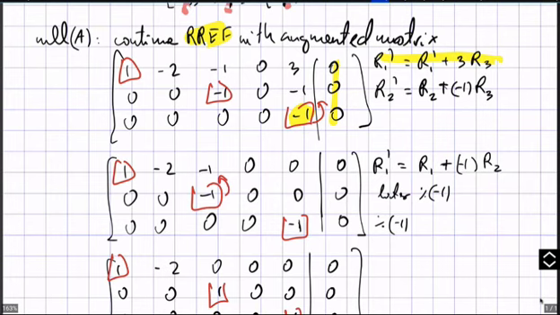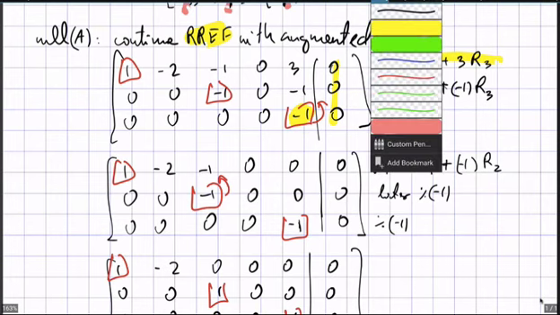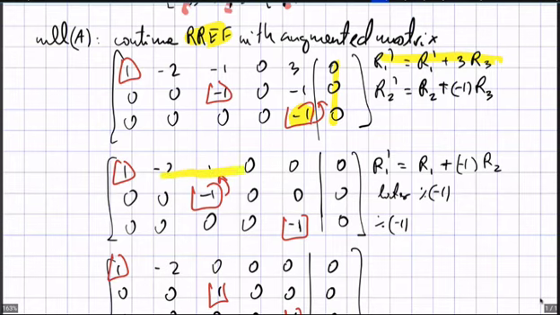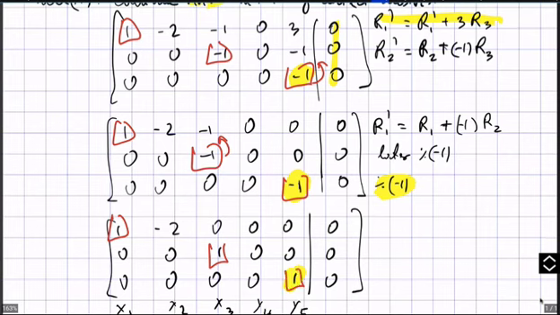Then we get this new form, 1, minus 2, minus 1, 0, 0, 0, 0, minus 1, 0, 0, 0, and 0, 0, 0, 0, minus 1, 0. So we are finished with the third pivot. All we have to do now is divide by minus 1 to get 1 in that row.